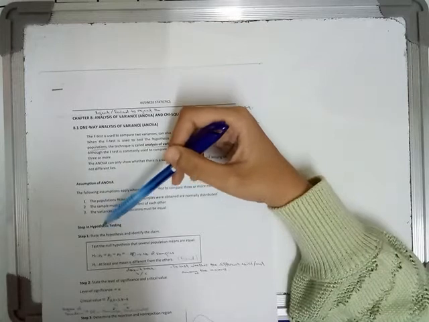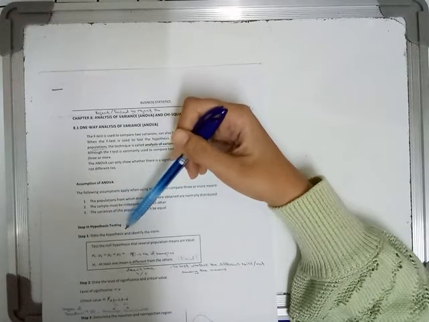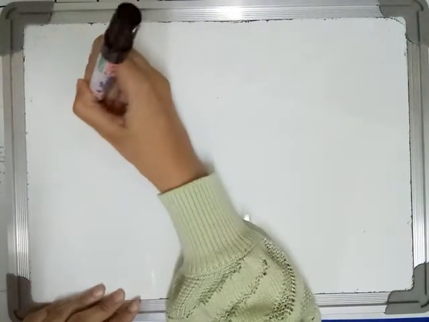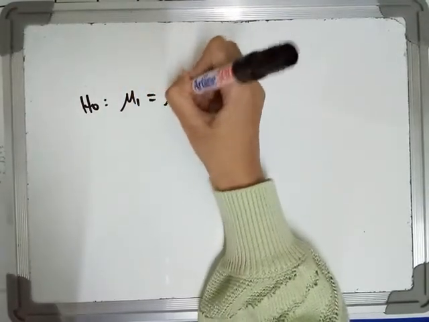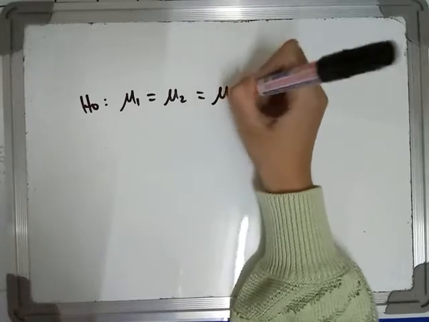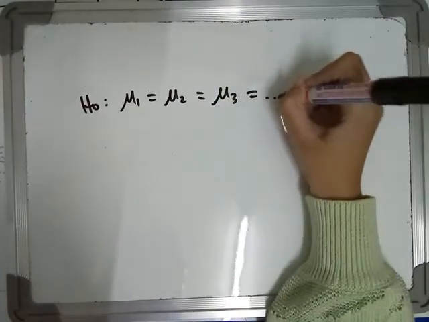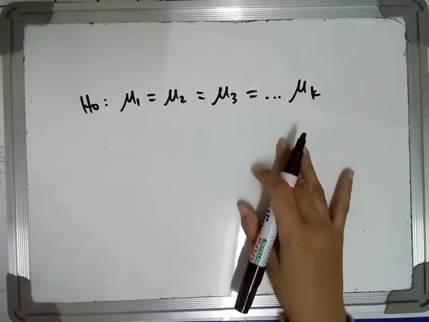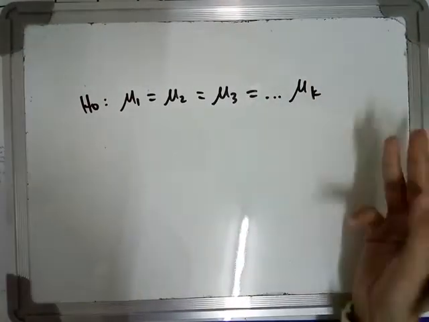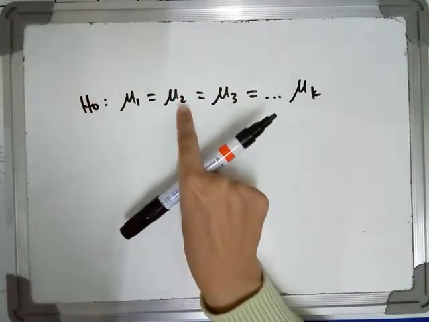The first step, we need to state the hypothesis and identify the claim. For H-naught, the notation is mean 1 equals mean 2 equals mean 3 equals, until mean k. We are testing three or more populations, that is why we have 1, 2, 3 and k.